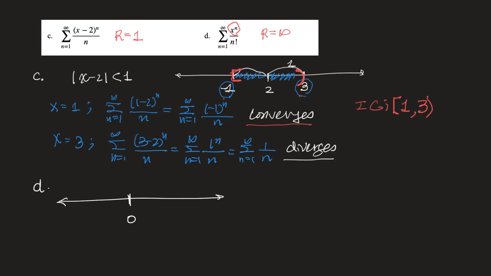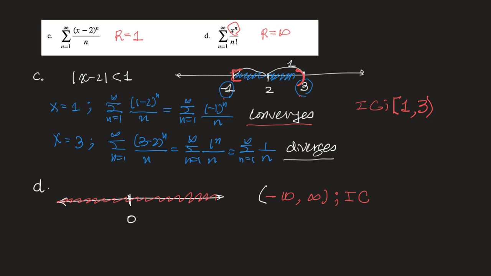That's all real numbers. So you write the interval notation as negative infinity to positive infinity. This is the interval of convergence.